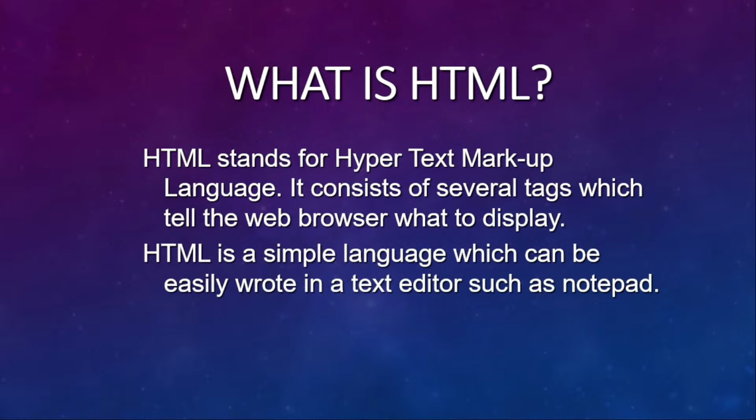So we're going to start with the basic text editor, which is Notepad. That's where we're going to write our first code. Then I will show you other places later where you can write the HTML language, the hypertext markup language. But the first place we are doing it tonight is on the Notepad.